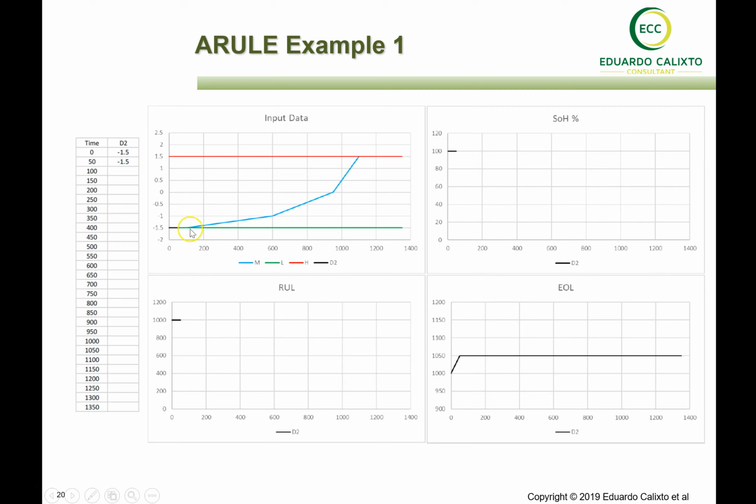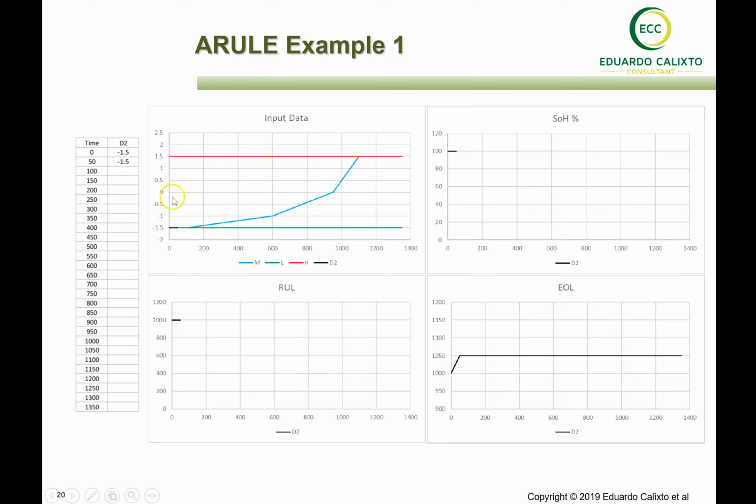You are still at the same level, minus 15, 1.5 multiplied by 10. You still have a very small error in your prediction, 1050, and still 100% remaining life.